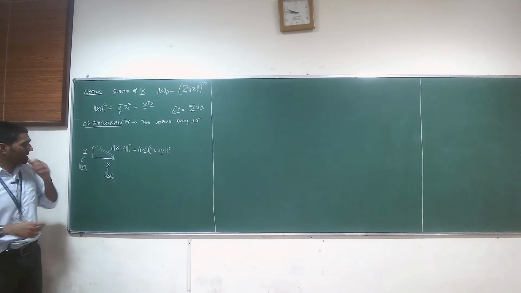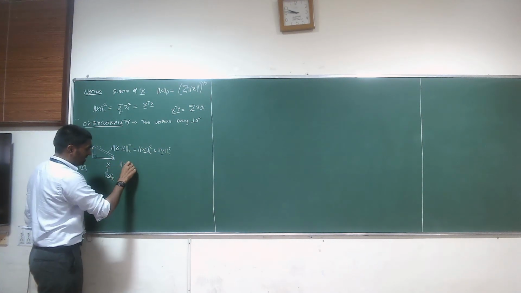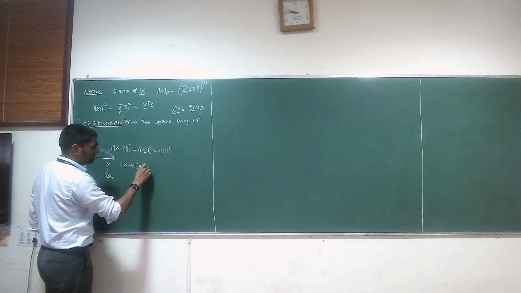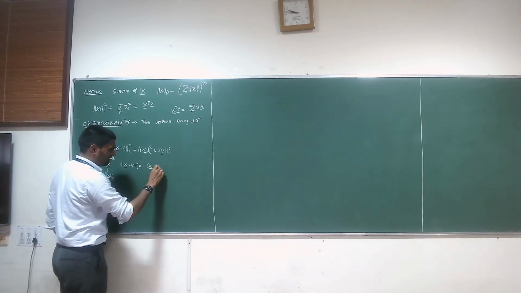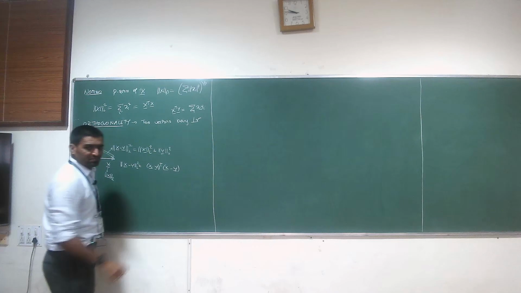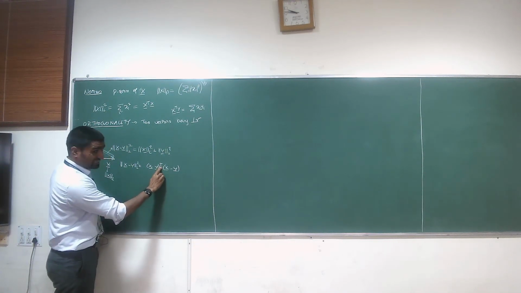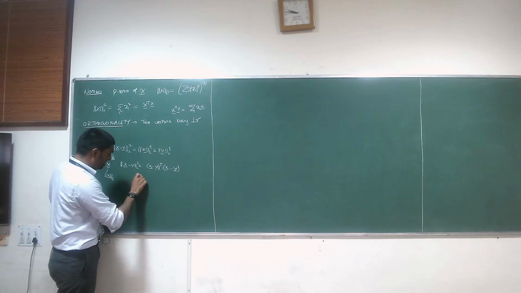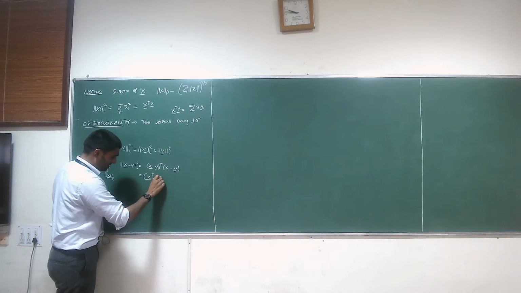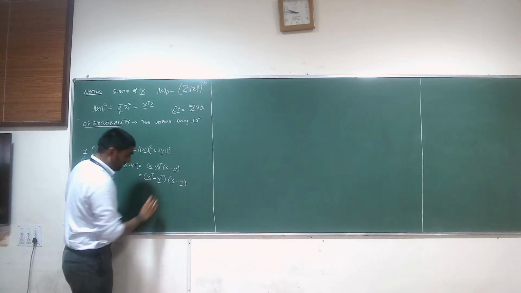But we know what this is. We know x minus y squared is simply x minus y transpose times x minus y. For now, assume that this transpose operation can be taken inside. So this will simply be x transpose x minus and y transpose y.